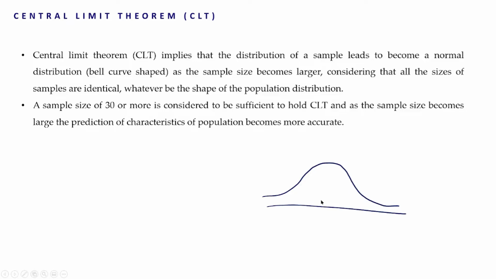So it is important that we increase the size of the sample so that the sampling distribution becomes a normal distribution. A sample size of 30 or more is considered sufficient for the central limit theorem to hold, and as the sample size becomes large, the prediction of characteristics of the population becomes more accurate. So this is the implication of the central limit theorem.